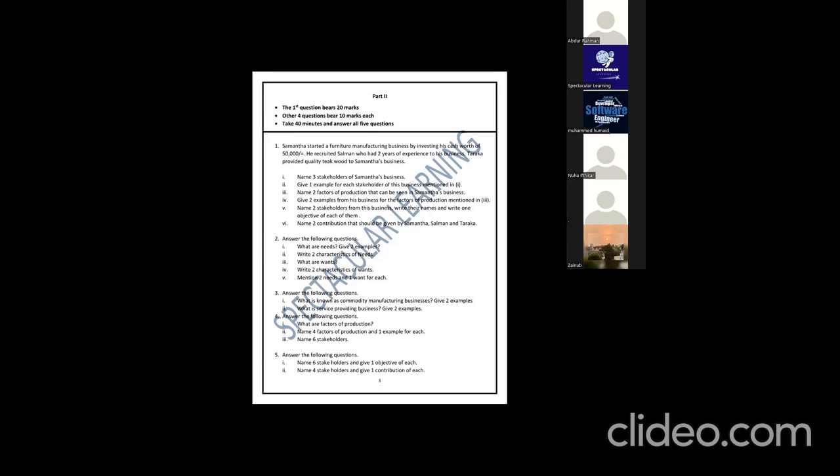Okay. Now give one example for each stakeholder of the business mentioned. Now who is the owner? Owner is Samantha. Then supplier, who's the supplier? Taraka. Employee, Salman.